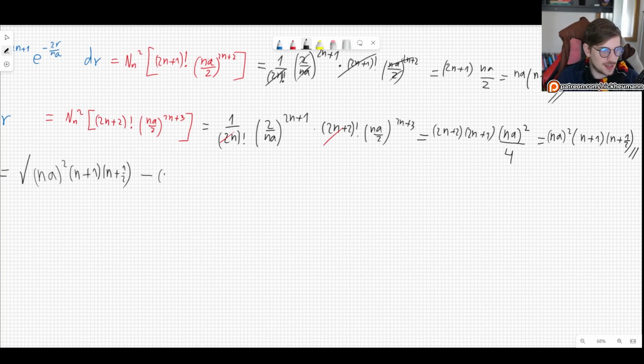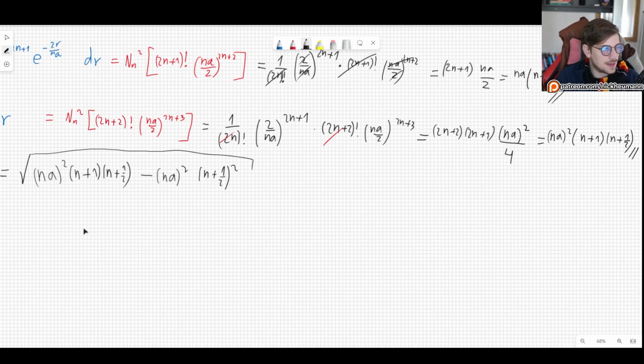So that means 2n plus 1 squared. Actually, sorry, I was copying the unfinished version, so that one is cleaner. So we have n squared a squared, or maybe to keep the same notation, na squared, and then n plus 1/2 squared.